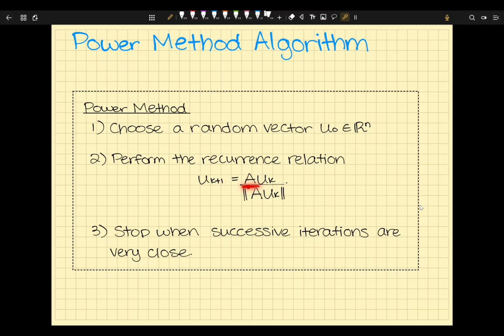Then, just for the sake of working with nice numbers, we always normalize it so that it doesn't get too big or too small. But even though we normalize it, this vector is still going to point in the same direction as uk, so it's still potentially an eigenvector.